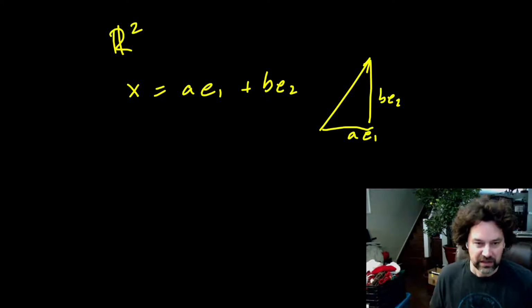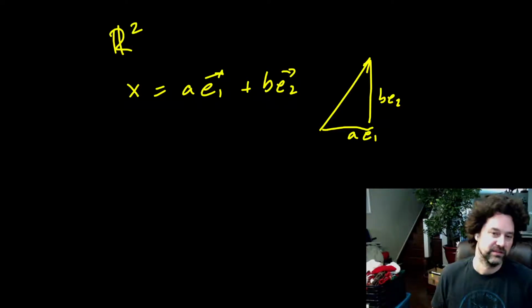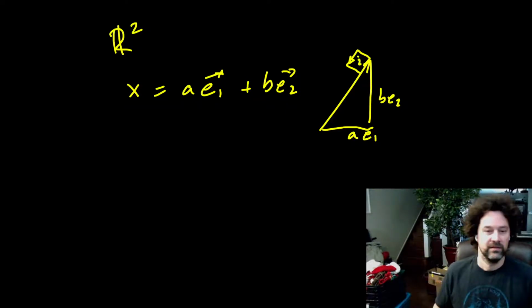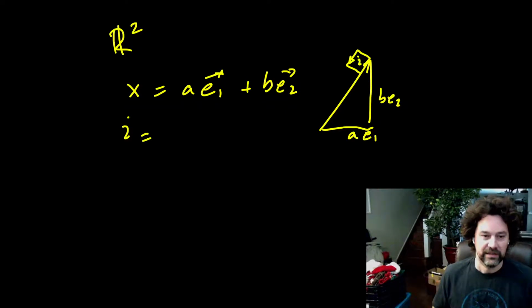And I'm not going to bother drawing arrows over everything just because it's time consuming and messy. But if we have such a vector and we multiply it by a unit bivector, let's call that I. So I'm going to write I equals E1 E2.